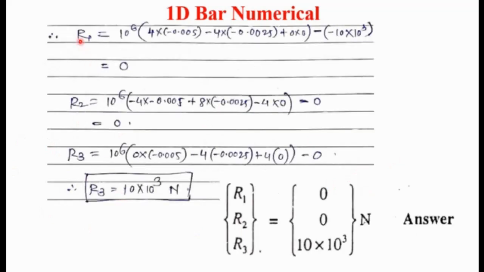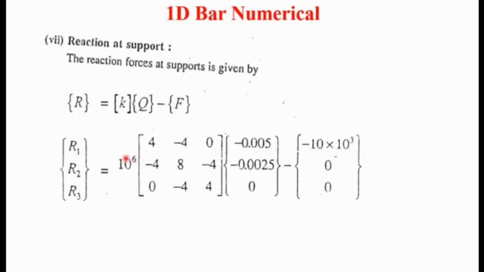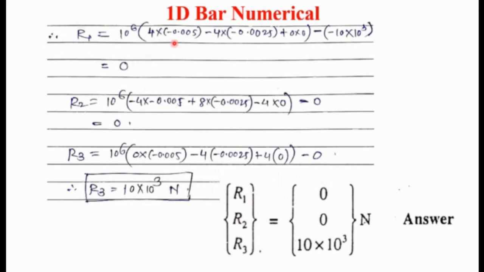Now we can simplify this. R1 equals the multiplication of the first row into the column, minus the first force value. Similarly, R2 equals the second row multiplied into the column, minus its force value, and R3 equals the third row multiplied in, minus its force value.